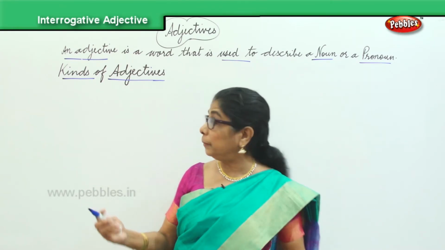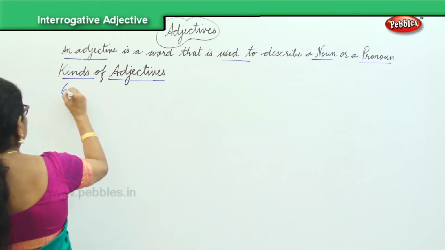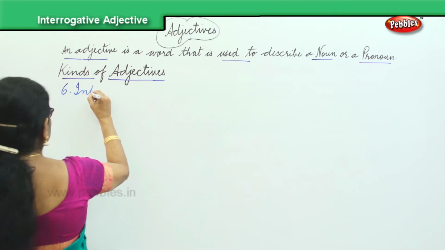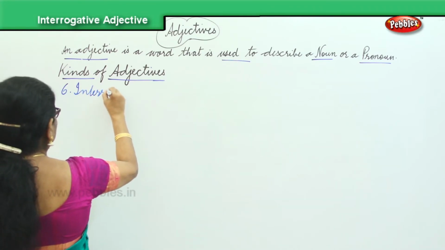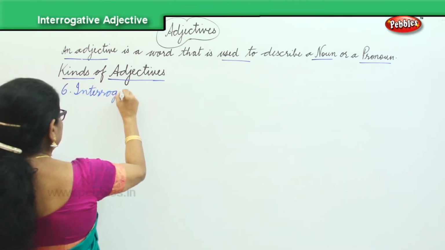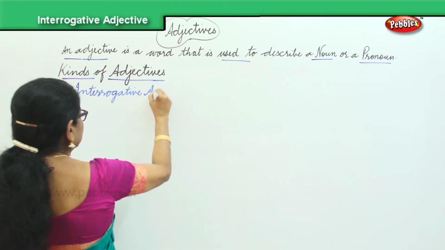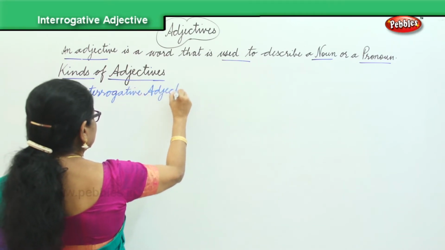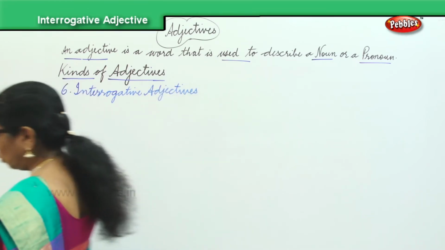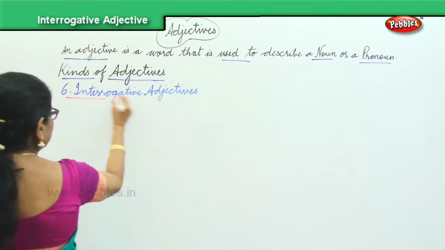It's very simple. Interrogative adjectives, that's the sixth type.